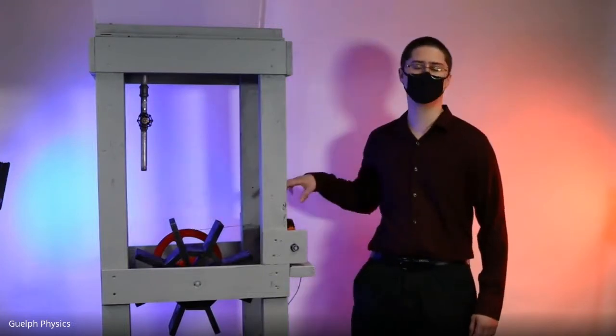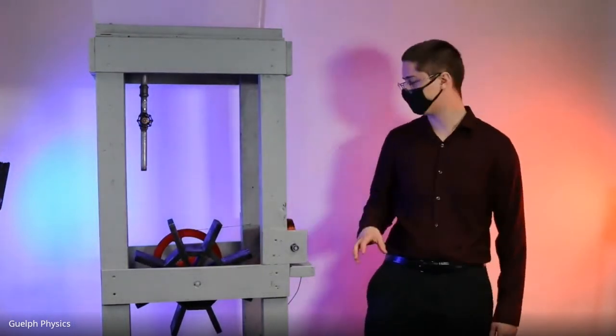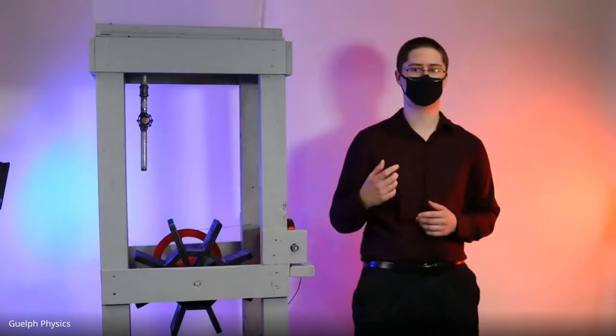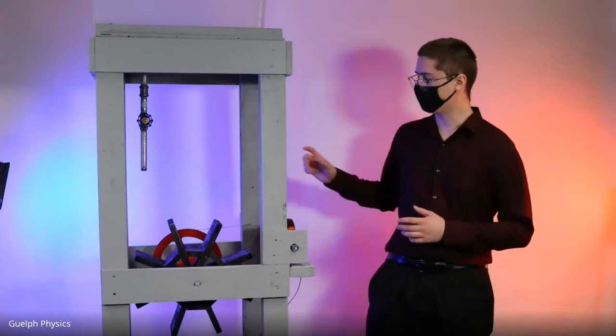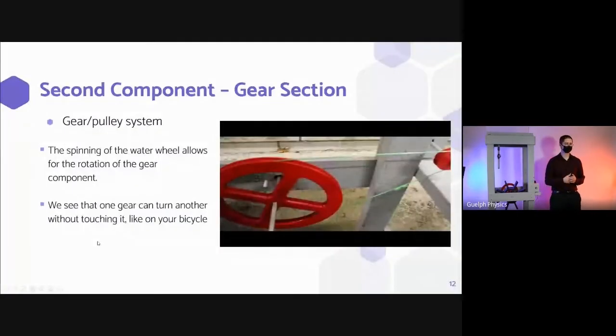We have these two wheels here, right? One of them is much larger, and one of them is much smaller than the other. And they're connected by a string. And so this essentially allows us to turn one wheel without the wheels actually touching each other. I mean, the string is touching, but the two wheels themselves are not touching. And so we have this water wheel spinning.